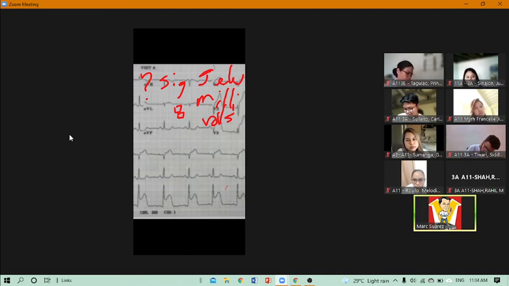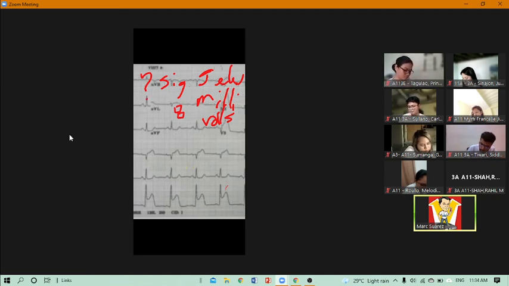What is a significant J point elevation in the limb leads, and what is a significant J point elevation in the precordial leads? So you try to read up on that one to find the answer. Okay?